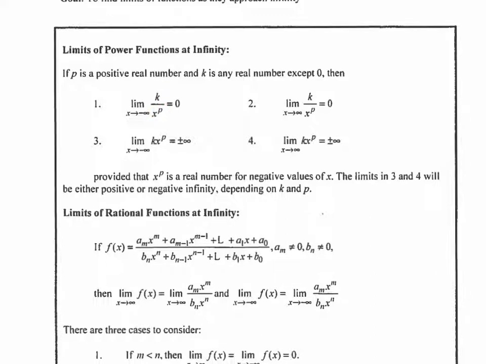And that means that the denominator is growing faster than the numerator. In this case, we have some constant in the numerator. The numerator is always going to be a number like 5. But the denominator is going to be growing at a value that is going unbounded in a negative direction.